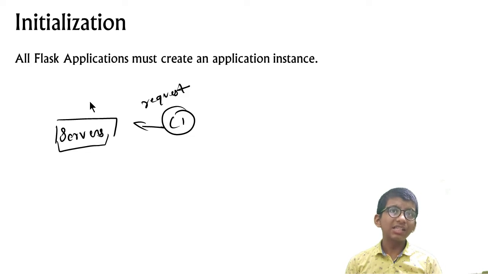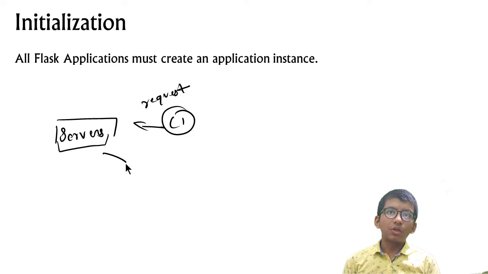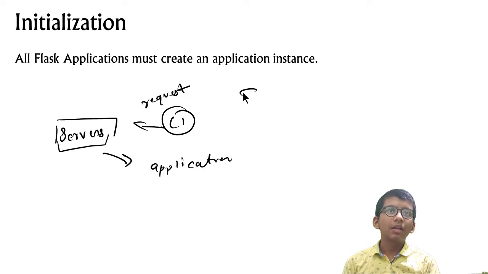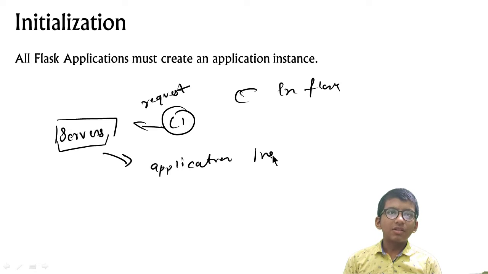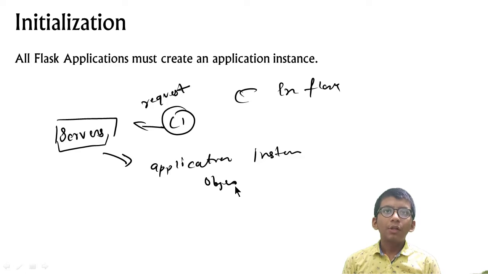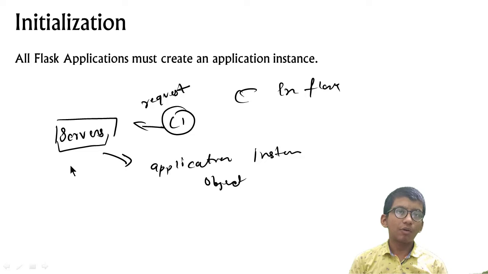The client sends the request to the server, and the server passes the request to the application instance, or we can say an object, in Flask, through a protocol, which is a web service interface protocol.